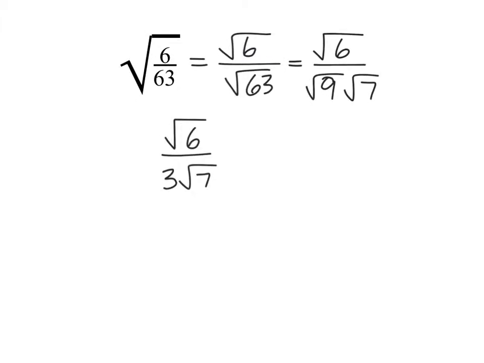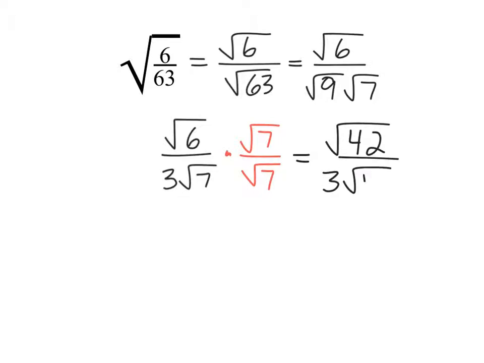Okay, you do need to simplify square root of 63. It simplifies into 3 root 7. And then you rationalize by multiplying by the square root of 7 on the top and bottom, which would give you the square root of 42 over 3 root 49.